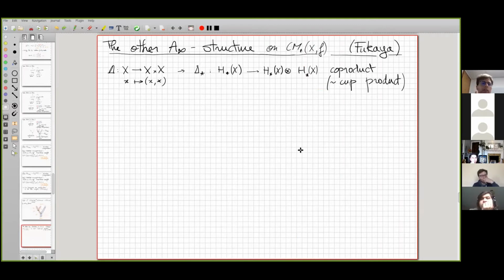Formally, it works the same as what I just described, except that instead of using these multiplication maps, you would use these diagonal maps. Just take any smooth manifold X, which does not need to be a group, take the diagonal map, and it induces a pushforward in homology, and that's a coproduct.